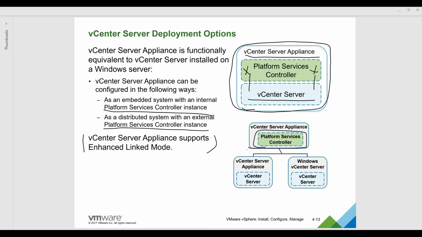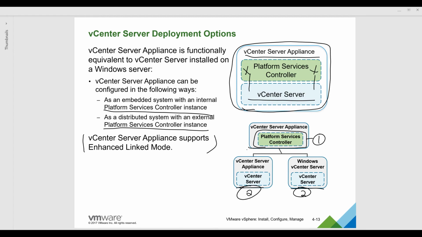Then we have our server appliance on separate instances. But with this, you must first deploy the platform services controller appliance on one virtual machine or host. Once you install your platform services controller, then you install it on a different machine.